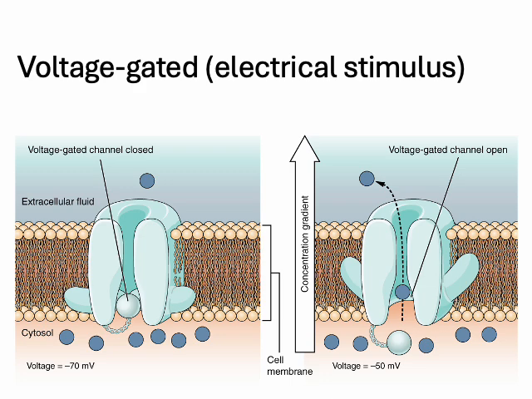But once it gets a little bit more positive, this ball and chain is removed, and now this channel is open. So basically, the stimulus here is the change in positivity from -70 millivolts to -50. So it's gotten more positive. Now this blocker is out of the way, and we've opened this channel for ions to move.